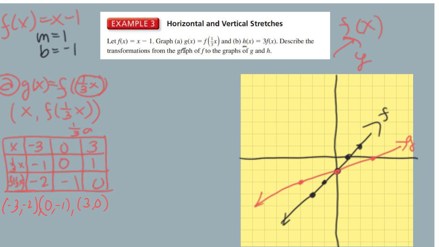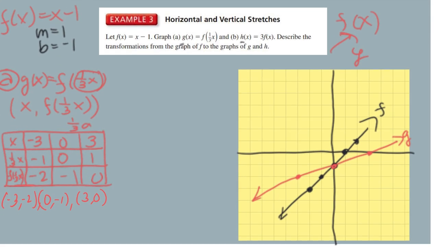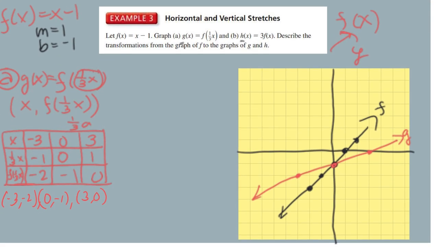A represents 1/3. Is that less than 1? Yes. So we had a stretch. And what's happening? It's stretching away from the y-axis. So we have a horizontal stretch.